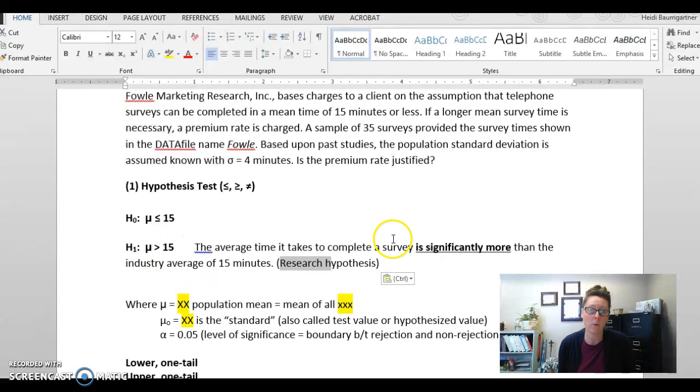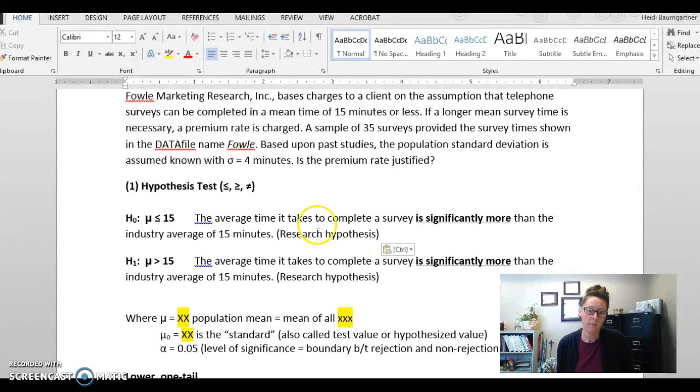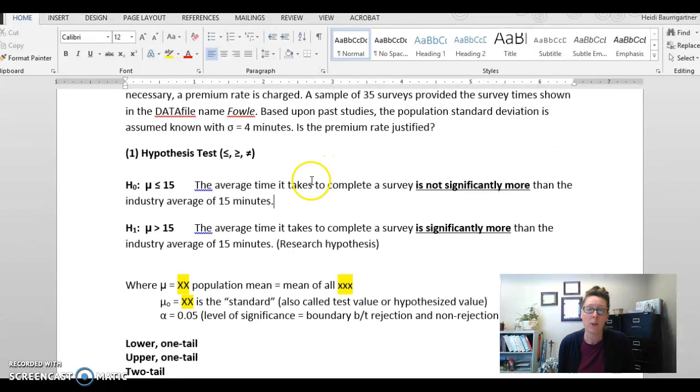And in response, the null is going to be the same verbiage. I can just paste it right there. The average time it takes to complete a survey is not significantly more than the industry average of 15 minutes. And we can get rid of this research hypothesis piece.